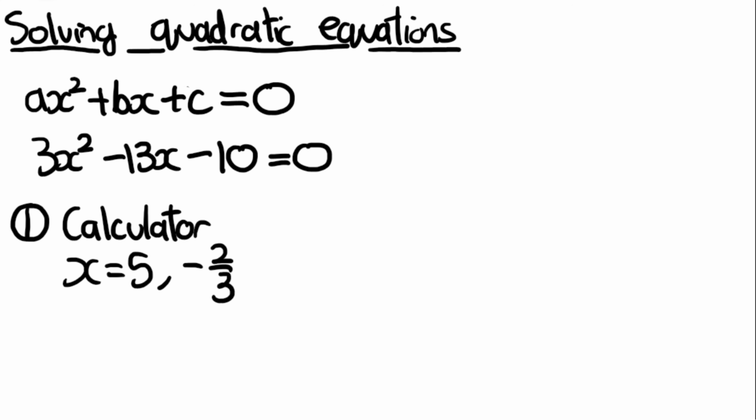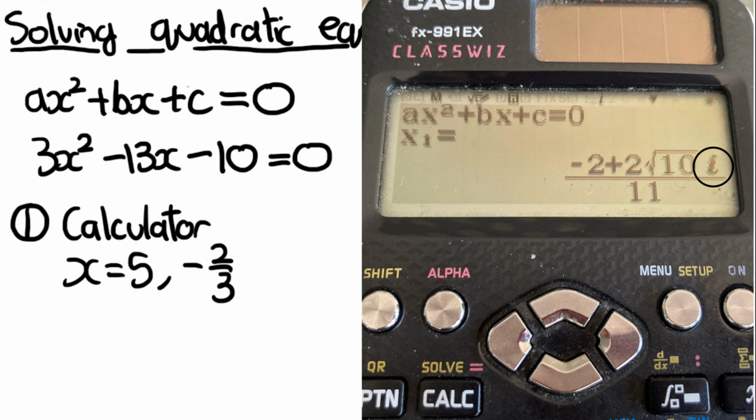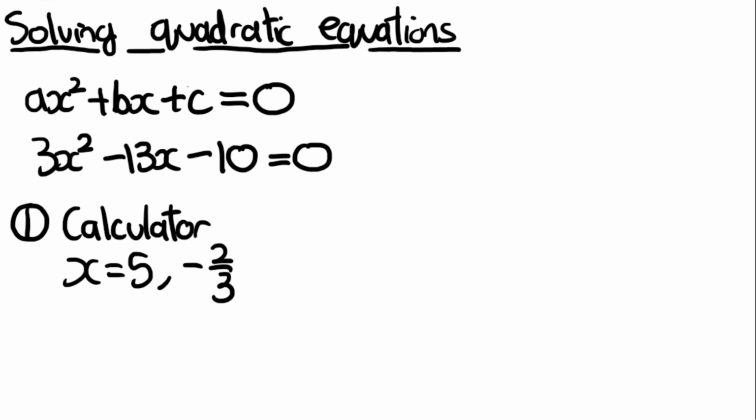The way the calculator will say this is if you press equals on the equation you've inserted and it comes up with an i in one of your solutions for x, that means there are no real solutions for x.